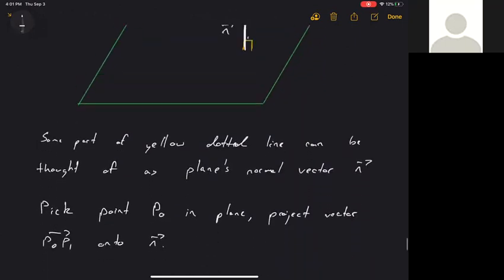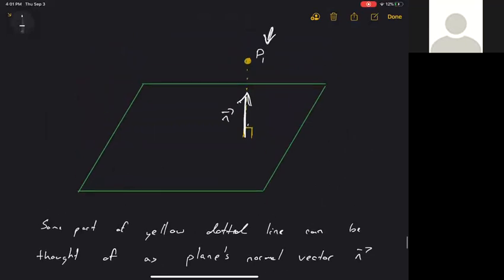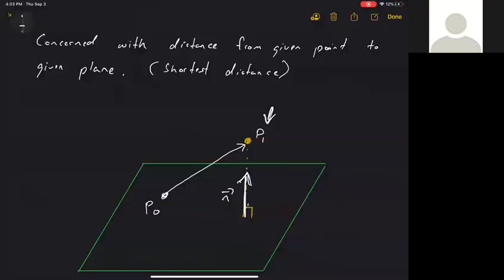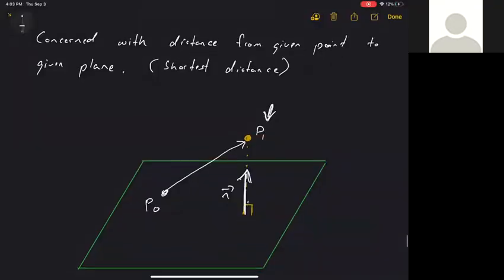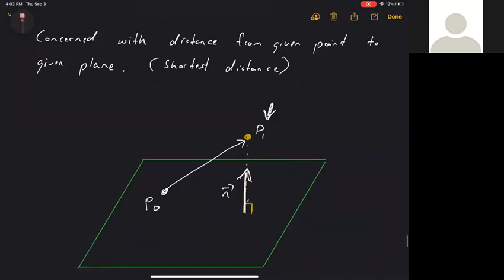All right, and then let's say I know some point in my plane. Let's call this p sub 0. And then think about the vector that goes from p sub 0 to p1. It doesn't matter what point in the plane I pick. All that matters is I know the coordinates of that point.